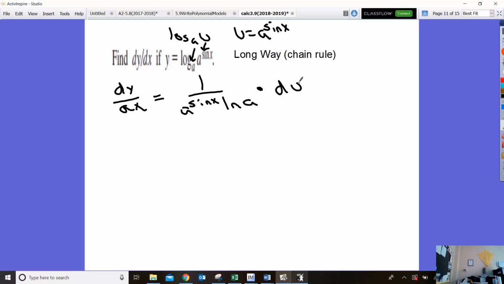That's the next part, times du, right? There's a reason I didn't show it here. We're going to have to come off the side here and figure out the derivative.